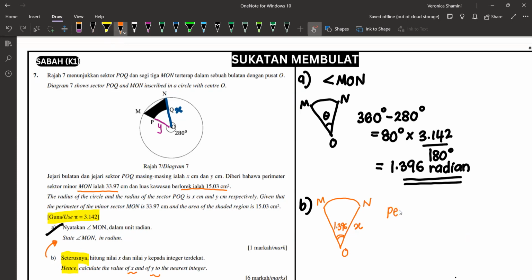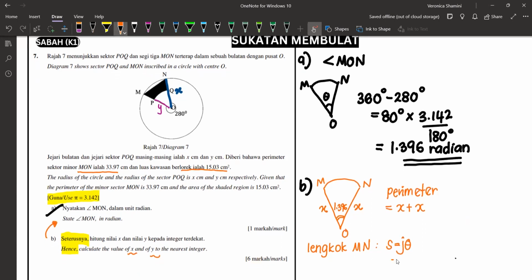Okay, so if I want to know the perimeter, kena tambahkan semua ni. So sini X tambah X, here also X. What is the panjang lengkok? We have to find first. Panjang lengkok, so you use S equals to J theta. Jejari adalah X. Theta, make sure it's in radian.